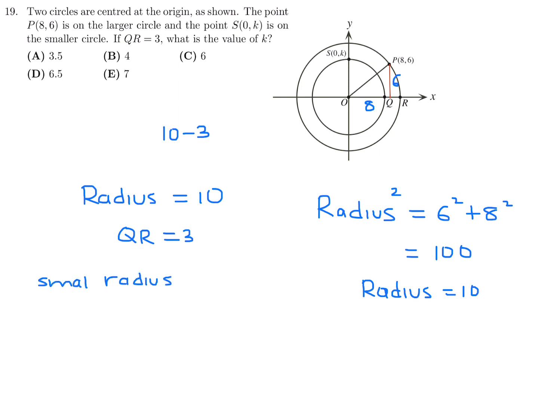Small radius is equal to the big radius minus QR. So that's going to be 10 minus 3, which is 7. And that's what K represents, right? This point is right here, and that K represents the radius of the small circle. So number 19, the answer is E.